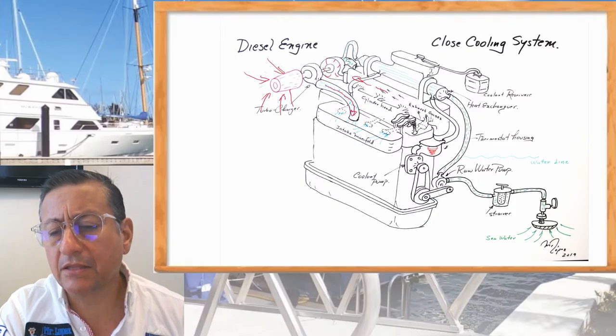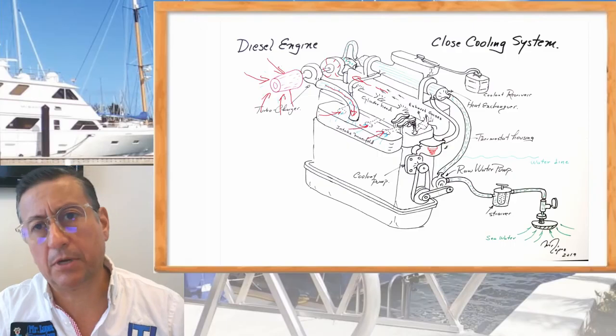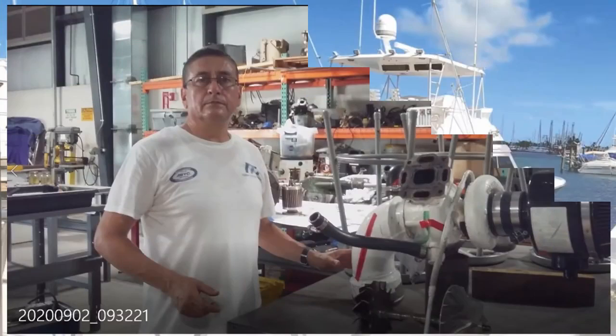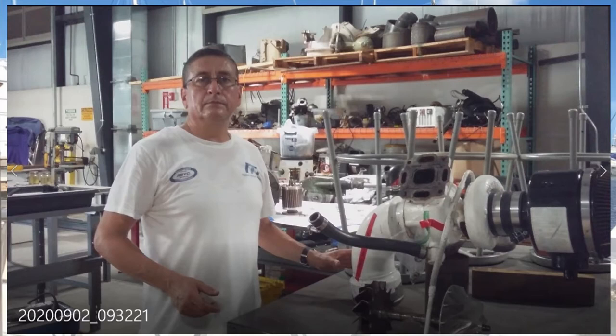The air enters the intake manifold at high pressure, and after that enters through the intake ports, when the valves open, into the combustion chamber. I have another short video where I explain the turbo. It's an engine considered turbocharged.